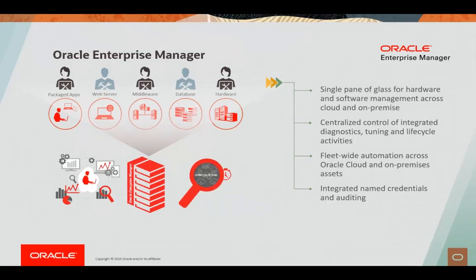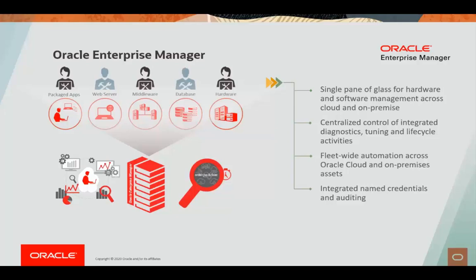We know that Oracle Enterprise Manager is Oracle's integrated enterprise information technology management product line, which provides the industry's only complete, integrated, and business-driven enterprise cloud management solution. Oracle Enterprise Manager provides a single pane of glass for hardware and software management across cloud and on-premises targets.